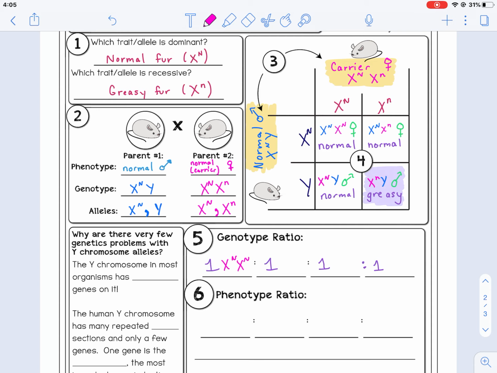So you have one outcome with big N, big N. You have one of the 4 outcomes with big N, little n.